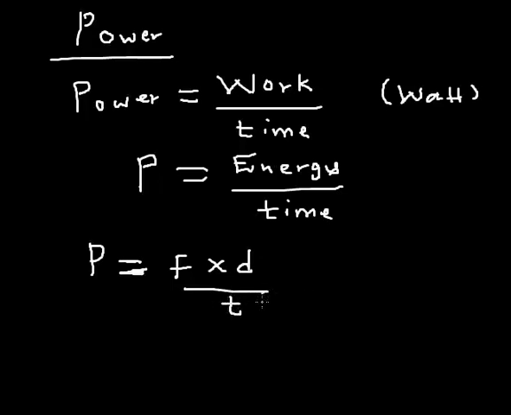Now in motion, we know that distance moved by an object divided by time is velocity. So power can also be expressed as force times the speed or velocity. Of course, speed and velocity are the same, it's just that one has direction while the other doesn't. But in this case, since I'm dealing with a scalar quantity, speed and velocity mean the same thing.